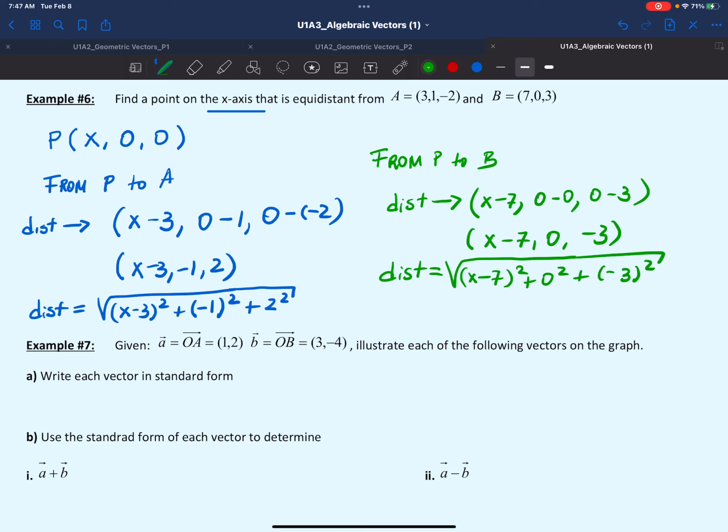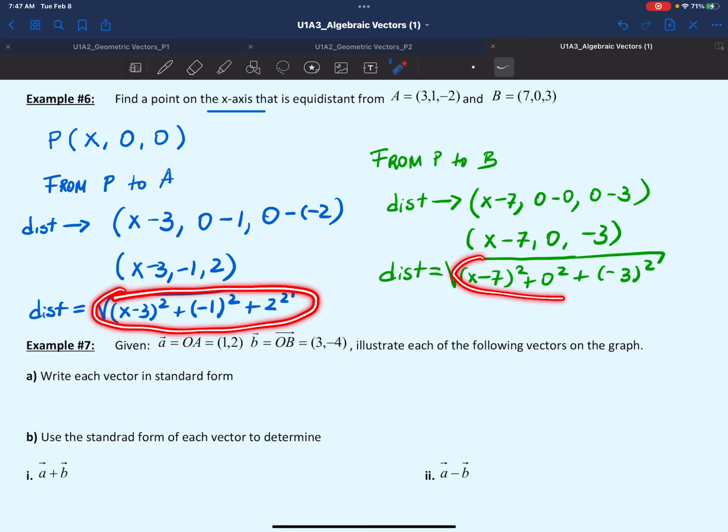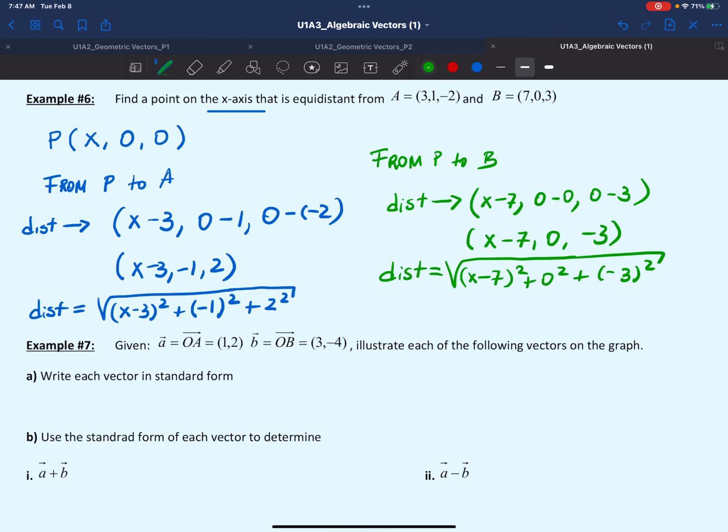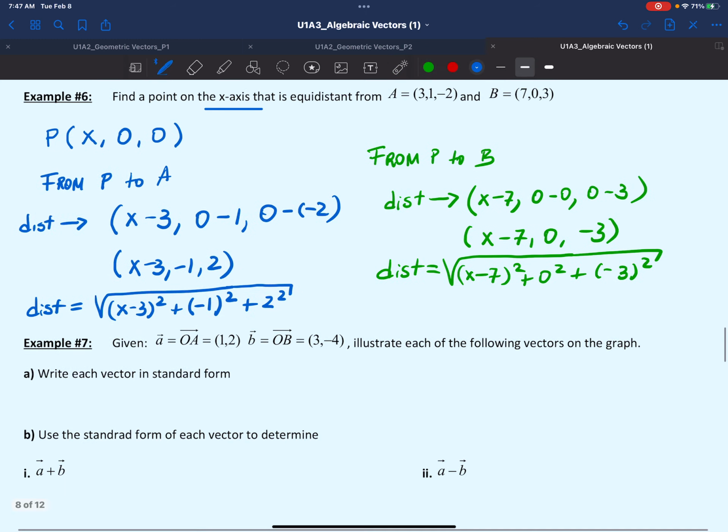So we want these two distances, so the distance of P from A and the distance of P from B, to be equal. In other words, we want this length equal to this length. So what we're going to do is simplify inside, and we'll have for the blue one x minus 3 squared, which I am going to write in expanded form, x squared minus 6x plus 9, plus -1 squared is plus 1, and 2 squared is 4.